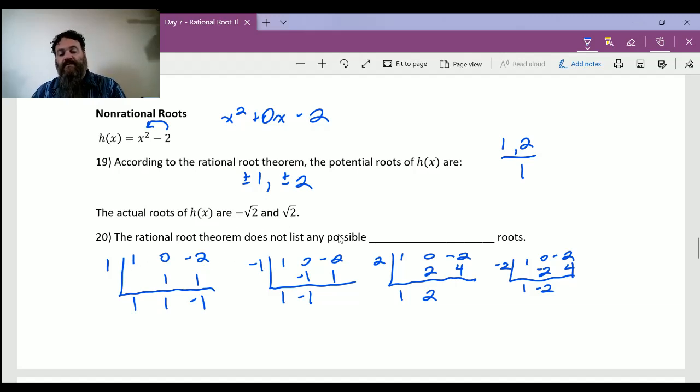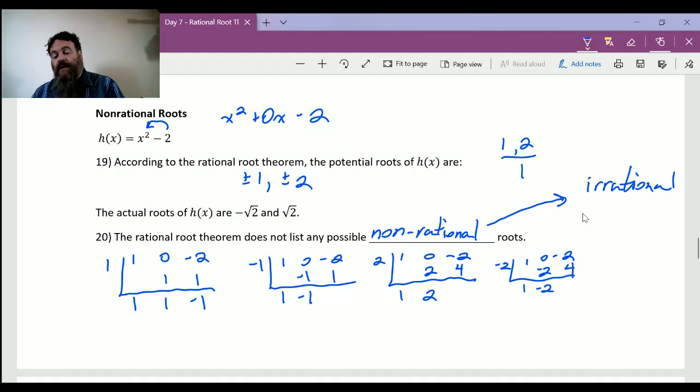The rational root theorem does not list any possible non-rational roots. And like we've mentioned before, non-rational roots include irrational ones, like positive and negative square root of 2, and they also include imaginary ones, something with i involved, or the square root of negative 1.